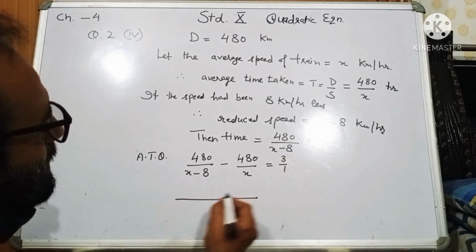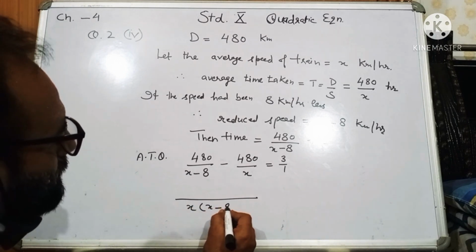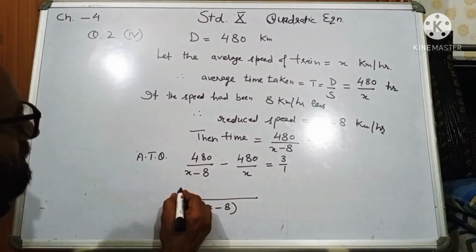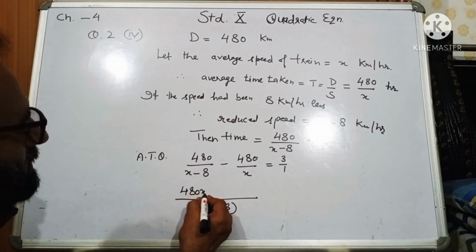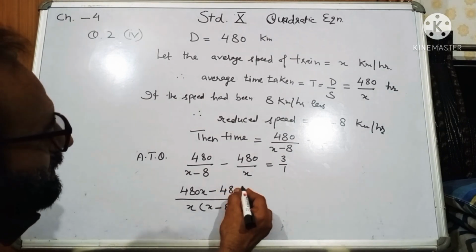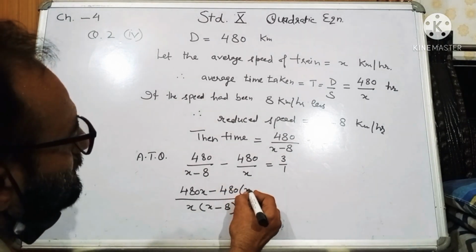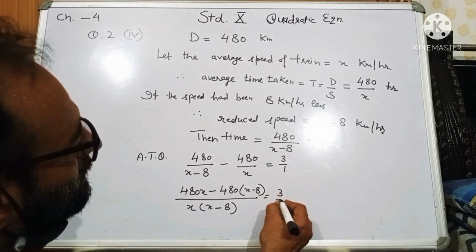Now x into x minus 8, we will take the LCM. So it becomes 480x minus 480 into x minus 8 is equal to 3 over 1.